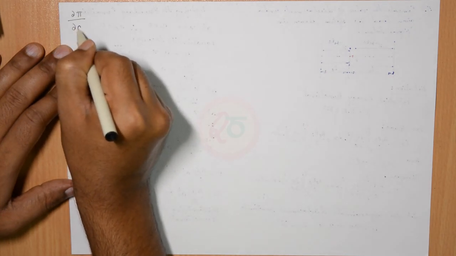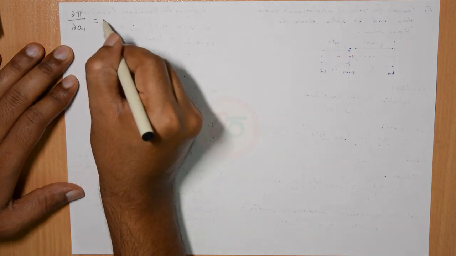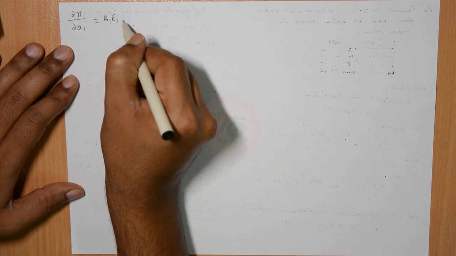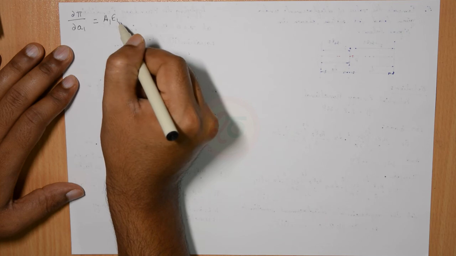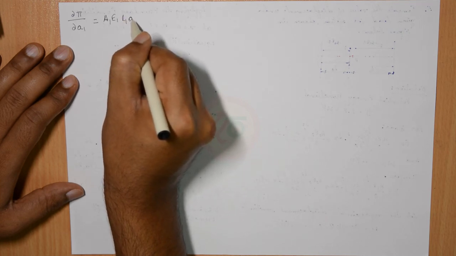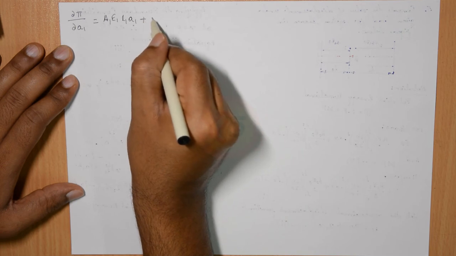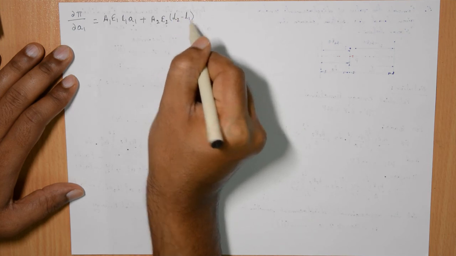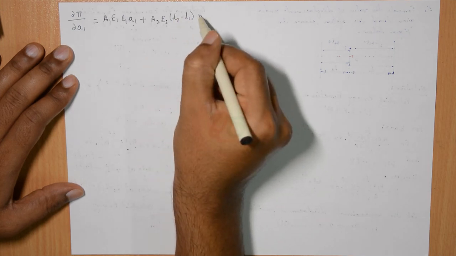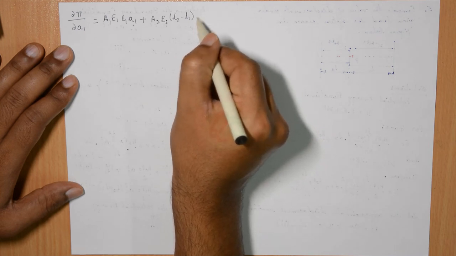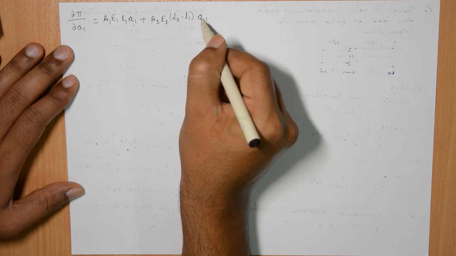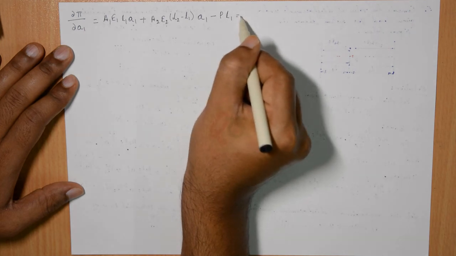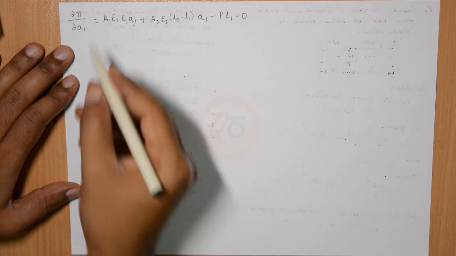Dou pi by dou a1 is equal to A1 E1, it was by 2, but since a1 square is present, it becomes 2a1, the 2 gets cancelled, so we are left with L1 a1, plus A2 E2 into L2 minus L1 divided by 2 multiplied by the differentiation of a1 square, which is 2a1, the 2 gets cancelled, so we are left with a1, minus P, the differentiation of a1 L1 is L1, which is equal to 0.